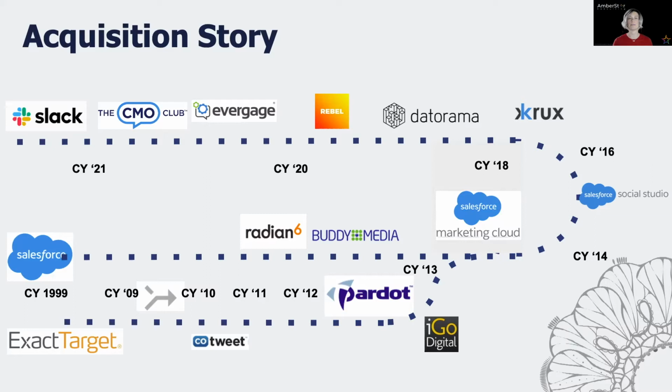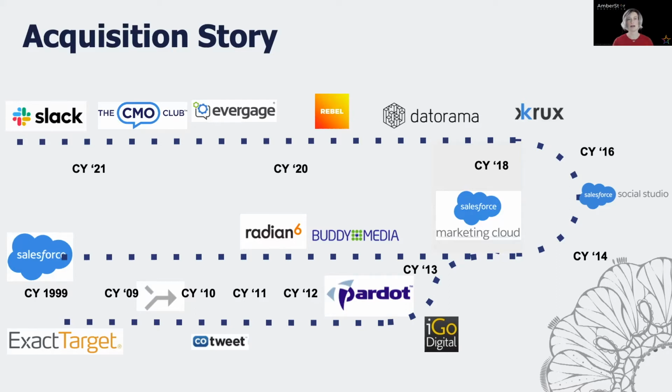Radian6 and Buddy Media eventually became what we would see now as Social Studio. And then Salesforce also bought ExactTarget, which also brought Pardot into the family. The combination of those tools makes up the core messaging product that we'll understand as part of the Marketing Cloud portfolio that we see today.